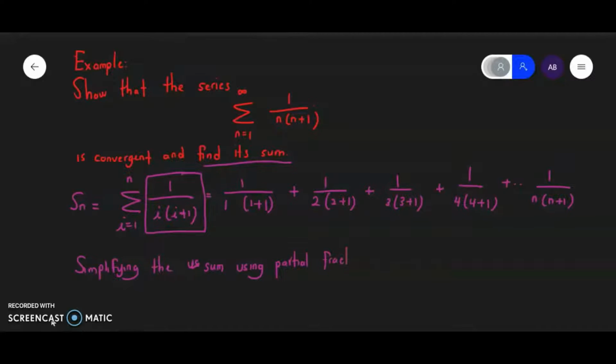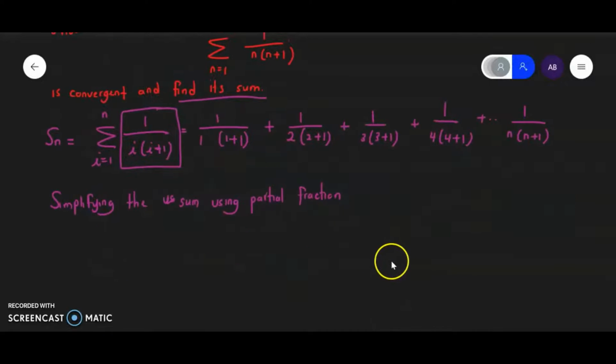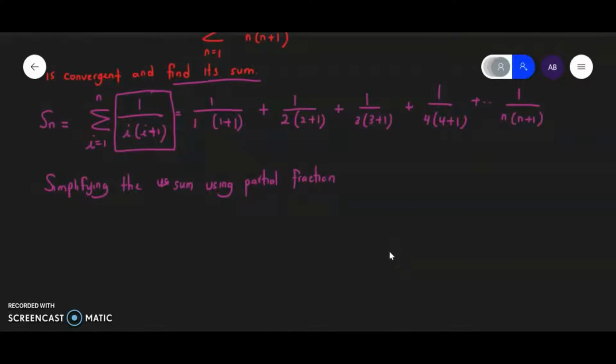I'm sure you have learned partial fractions before. So we want to simplify this. What we get here is that 1 over i plus 1 equals a partial fraction.